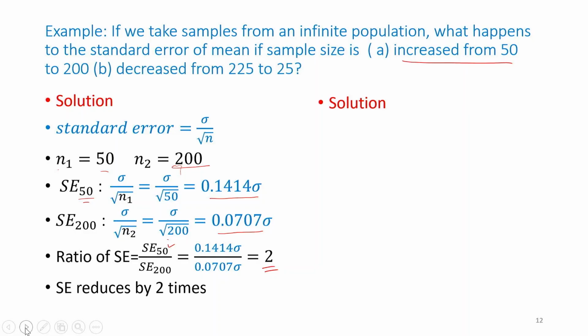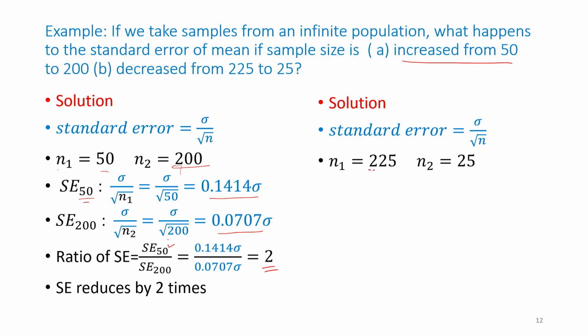In the other case, we want to decrease from 225 to 25. So how many times is it? In terms of sample size, it is a 9 times decrease from 225 to 25. And due to that, what is the change that occurs in the standard error? The standard error formula is given.